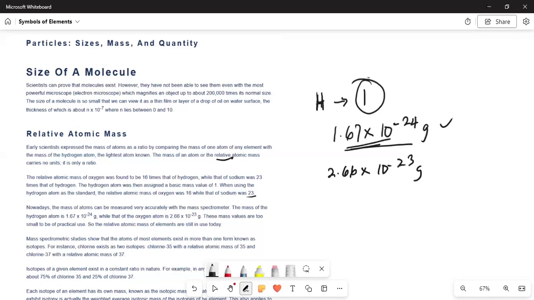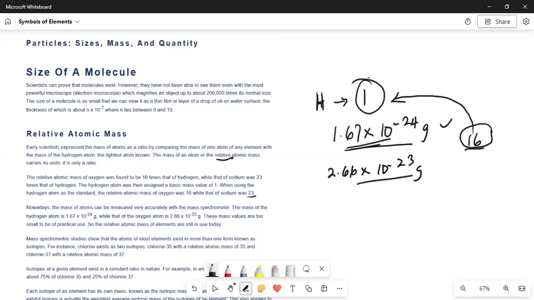See, again, far, far smaller than the arbitrary value of 16, which was obtained by comparing to hydrogen, which was assigned a value of 1. Because oxygen is 16 times heavier than hydrogen, it was given an arbitrary value of 16 as its relative atomic mass. But the actual mass using the mass spectrometer is 2.66 times 10 to the power of negative 23 gram.